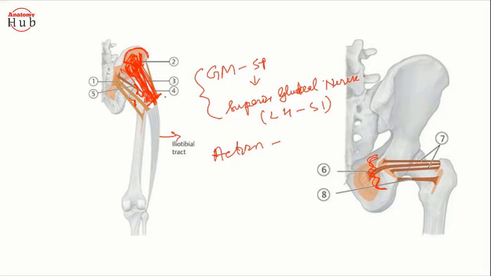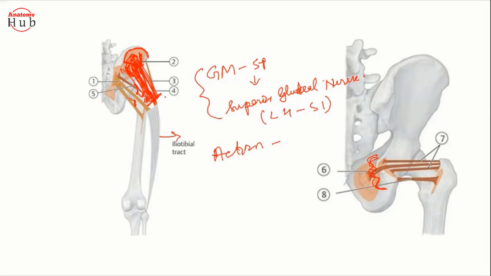But the posterior part of the gluteus medius and minimus muscles helps in extension, no doubt, and because it inserts to the posterior part of the femur, if the posterior part of the muscle contracts, then external rotation will occur.